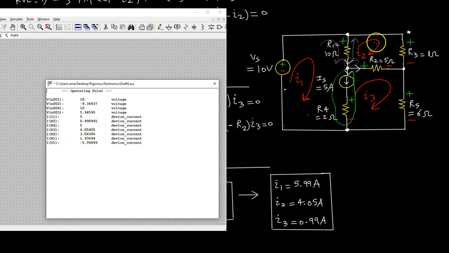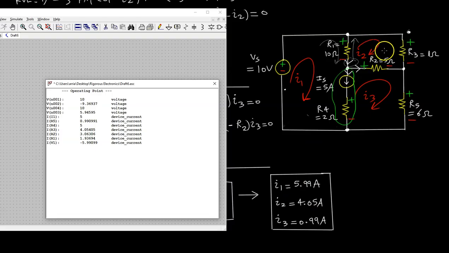Now I2 is the current flowing through R3, to be specific, because everywhere else this mesh current is mixing with different meshes, so this is the only element where only I2 alone flows through R3. If you look at R3, the current through it is 4.05, which matches what we calculated.